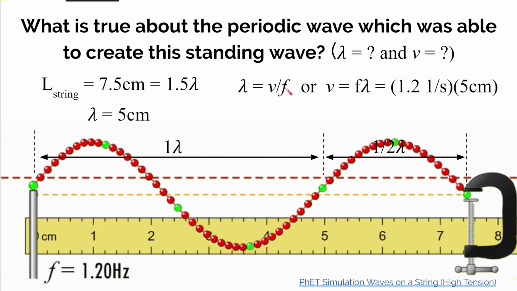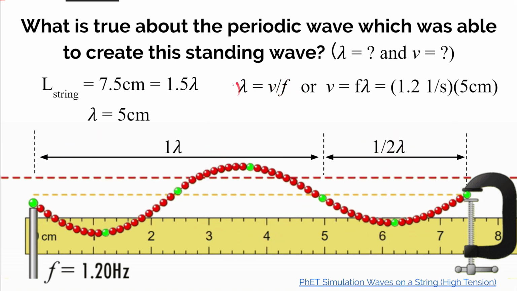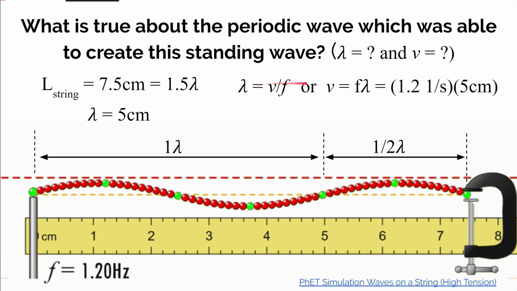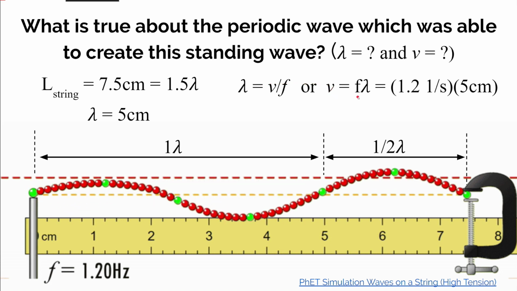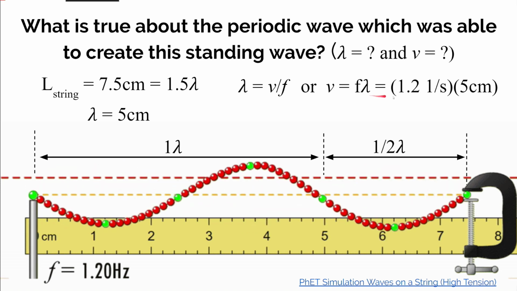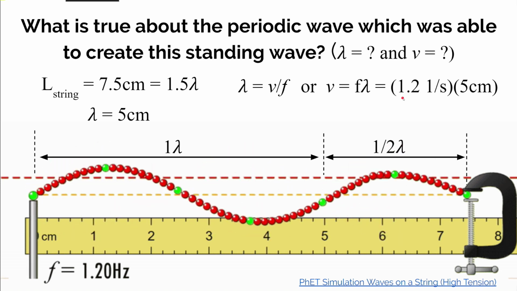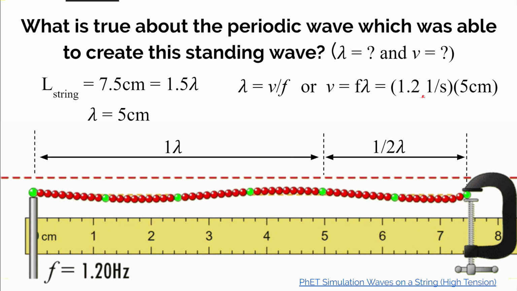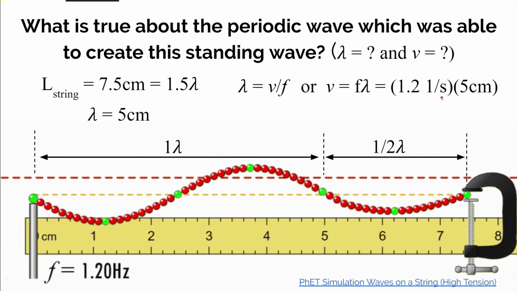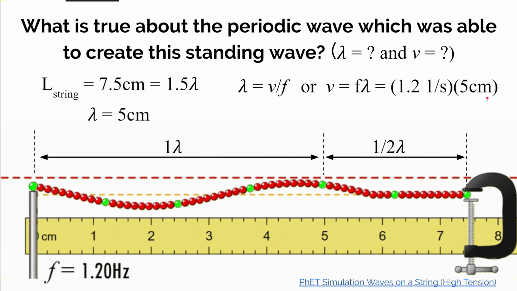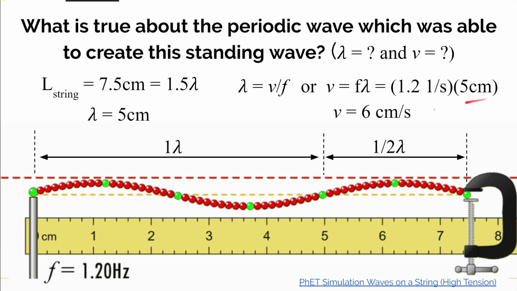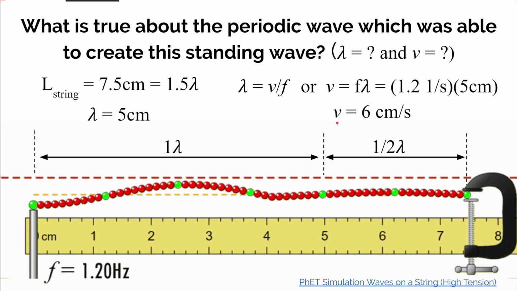So it's going to cancel out on the right-hand side and get put over there on the left-hand side, and we get this: wave speed is equal to the frequency of a periodic wave multiplied by its wavelength. So the frequency of 1.2 hertz, or remember, a hertz is the same thing as inverse seconds, multiplied by the wavelength, which is 5 centimeters, we end up getting a wave speed of 6 centimeters per second.